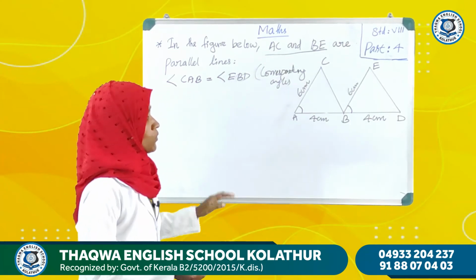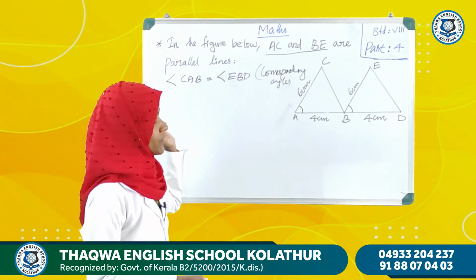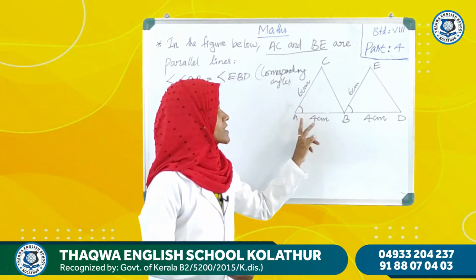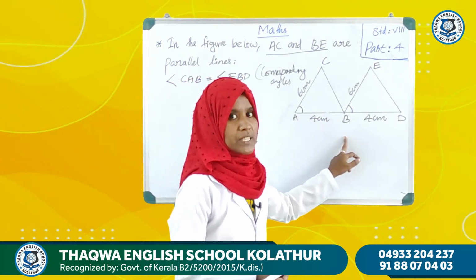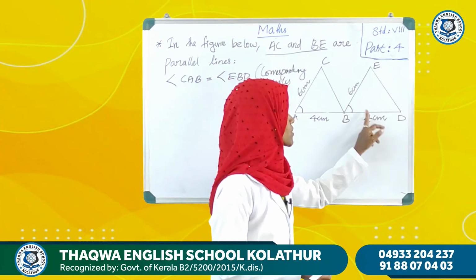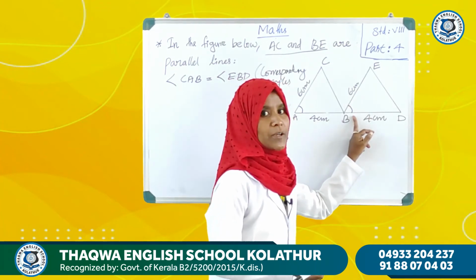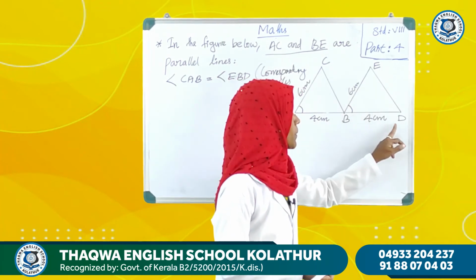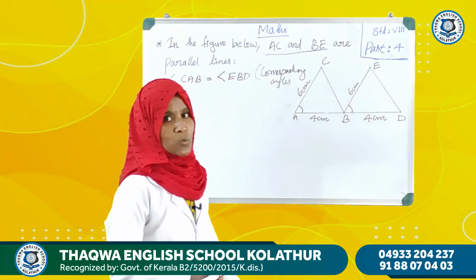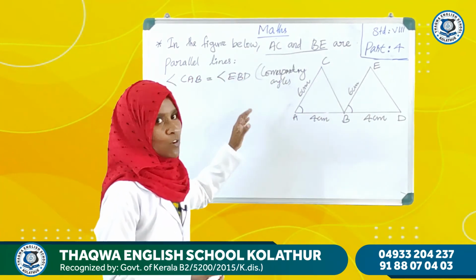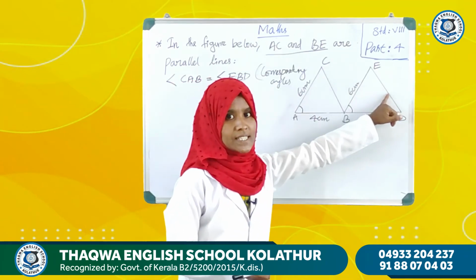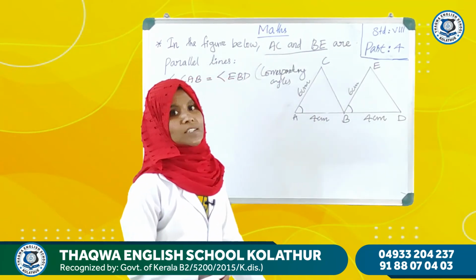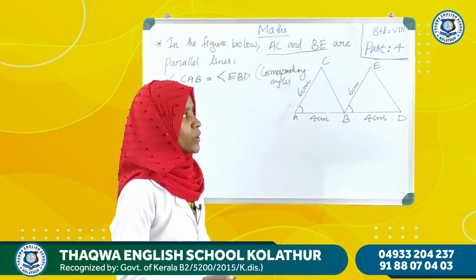Now what we get is the two sides and the angle made by them in triangle ABC are equal to the two sides and the angle made by them in triangle BDE. So from our result we can say that the third sides and the other two angles are also equal.